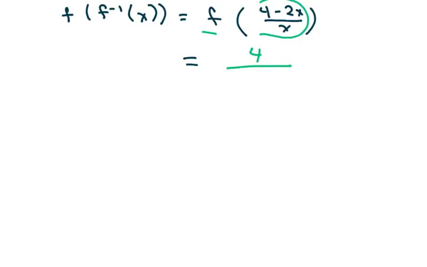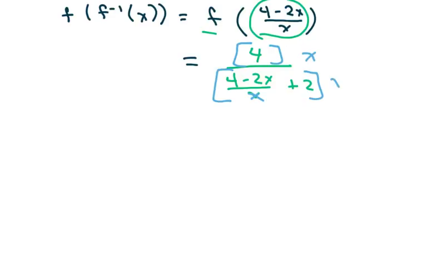So my x is going to be that, 4 minus 2x over x plus 2. Again, we have this situation where we have this x here. So we do this little algebra trick and multiply both the numerator and the denominator by x. And distribute here.